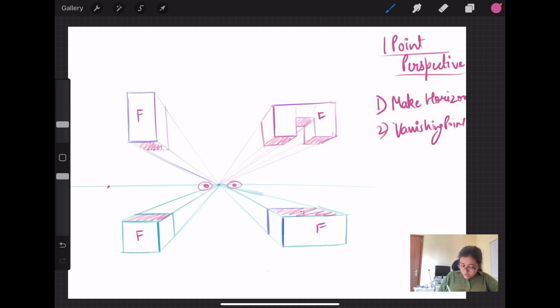Top, top, bottom, bottom. And if something is on the left side of the vanishing point, you can obviously see this side and this side. And if something is on the right side, you will see this and this. So always make the front side first.